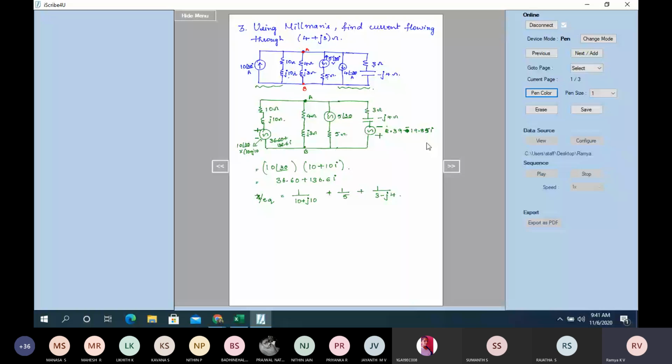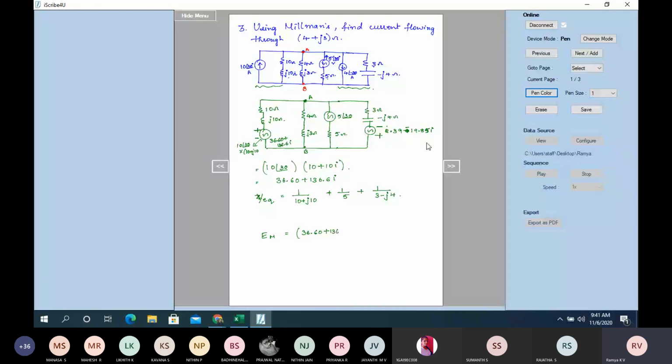Okay, I will give the formulas and verify certain contents. EM is equal to, I would have written the formula, E1. E1 is what? 36.60 plus 136.6i into Y1.